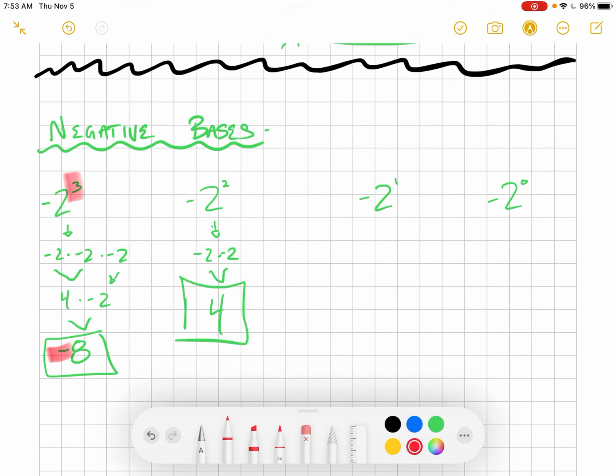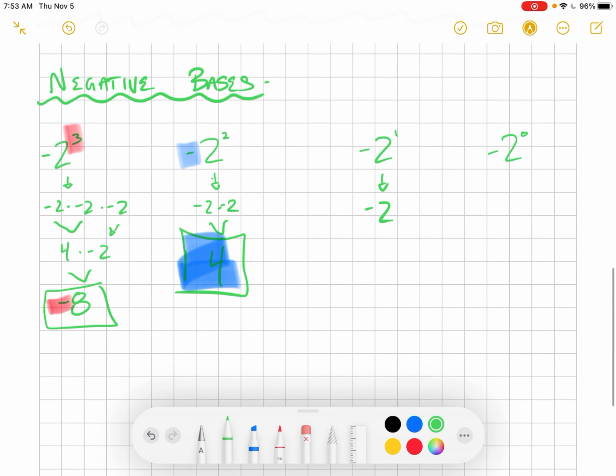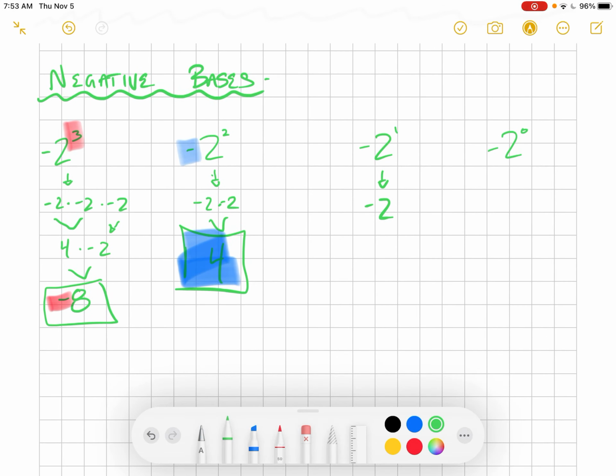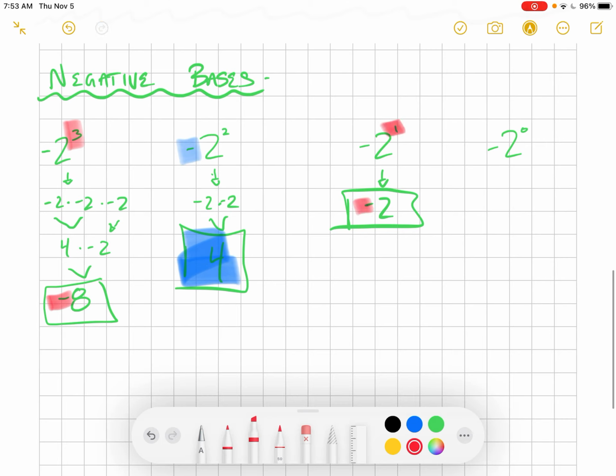Positive 4. Right? So this negative now, let's make this a blue highlighter. This negative now made this a positive answer. Okay? In the next example, we have negative 2, right? That's it, negative 2 one time. So in this case, this exponent of 1 gave us a negative again.